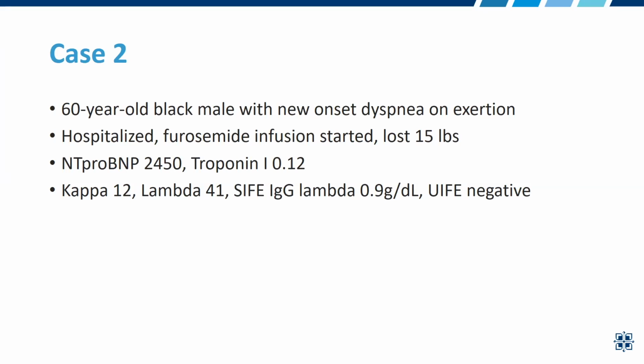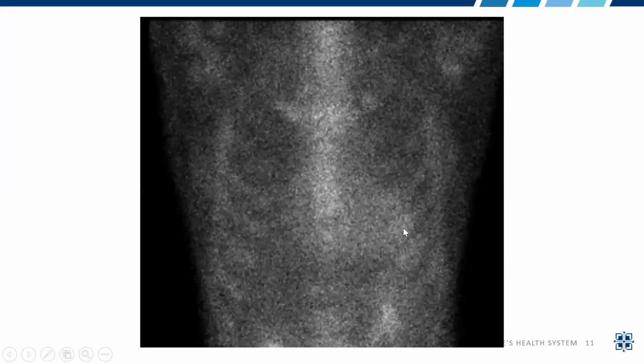So if you see someone who has a mildly elevated kappa level and their serum and urine immunofixations are negative, then you're probably okay. But you have this patient here who has an abnormal lambda and a positive serum immunofixation. You really have to take this seriously, or you think it might be AL amyloidosis.